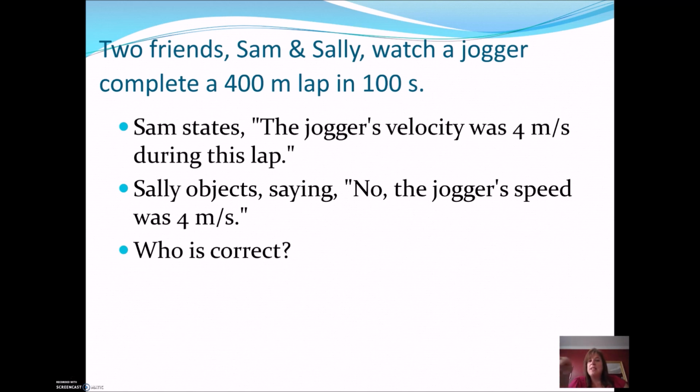So while maybe the distance is 400 meters, what's the displacement? Well, if you end up back where you started, your displacement is 0, which means the velocity is actually 0. What? But your speed's not, right? Your speed is definitely 4 meters per second. So of course, Sally wins.